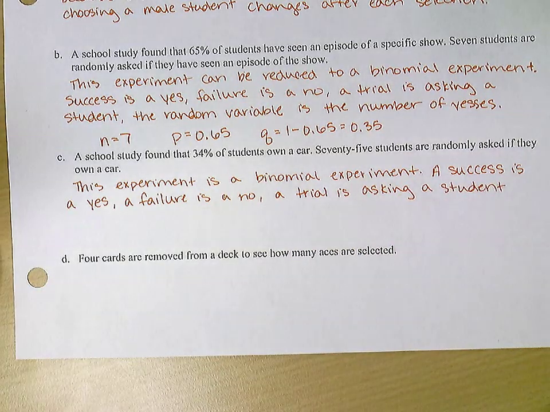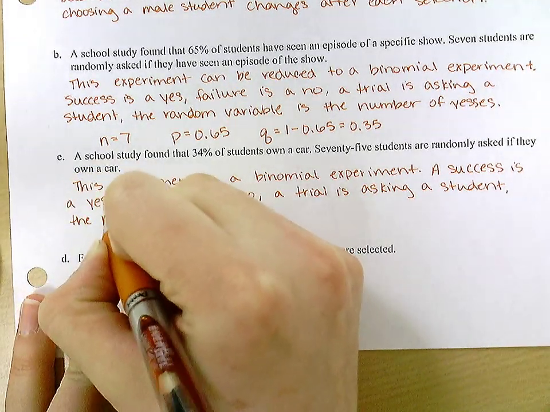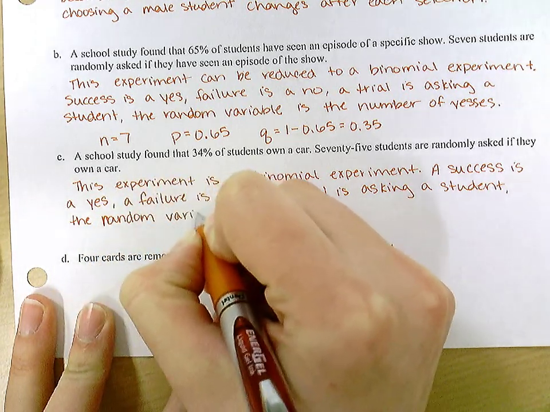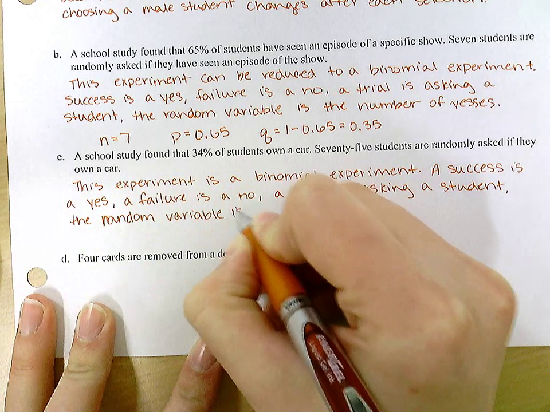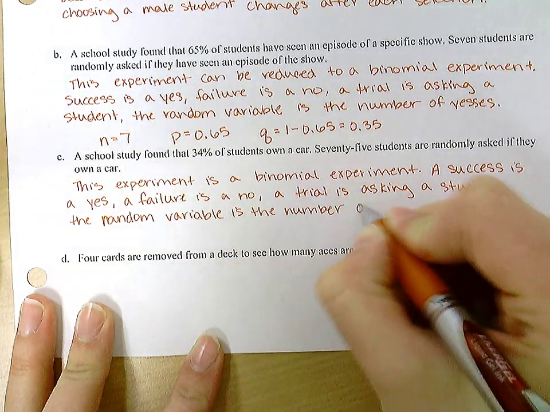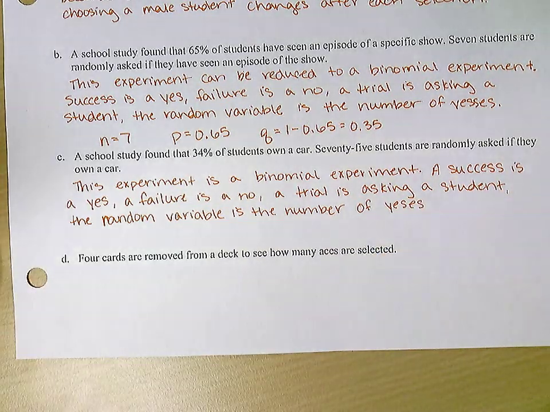Okay, so I have my success, failure, and trial. What else do I need? The random variable. And since Eric said there's only one S, I'll write one S. The random variable is the number of yeses.